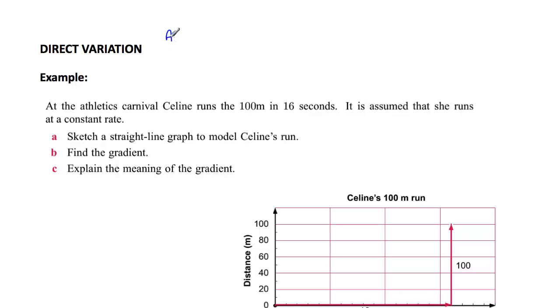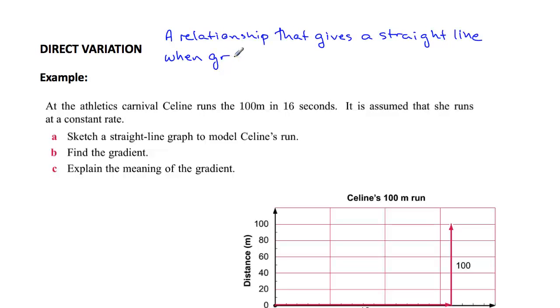A relationship that gives a straight line when graphed is a direct relationship.